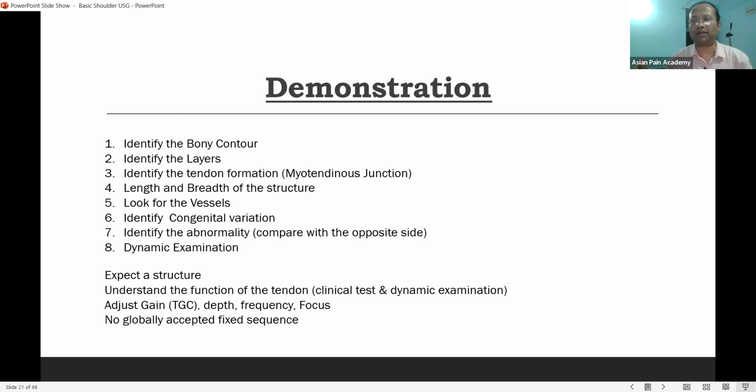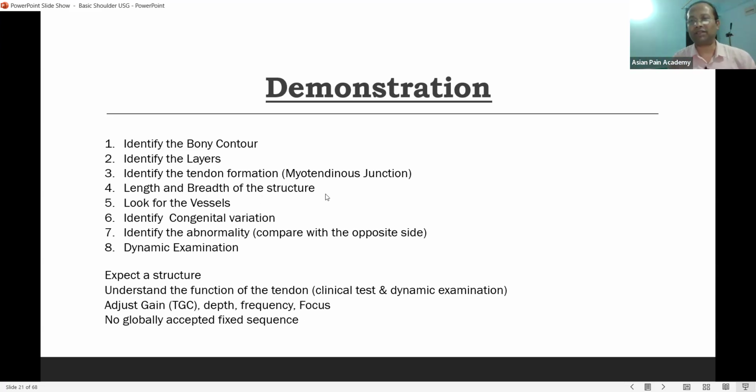Tendon formation starts from the muscle belly, a small tendon is formed, and then it becomes a complete tendon. So you will always see a myotendinous junction, and the whole tendon should be seen, up to the myotendinous junction. This much should be evaluated.